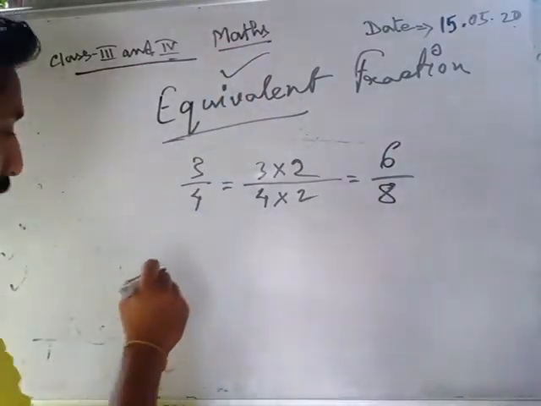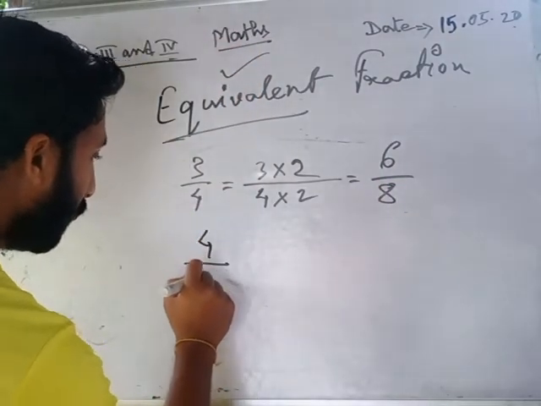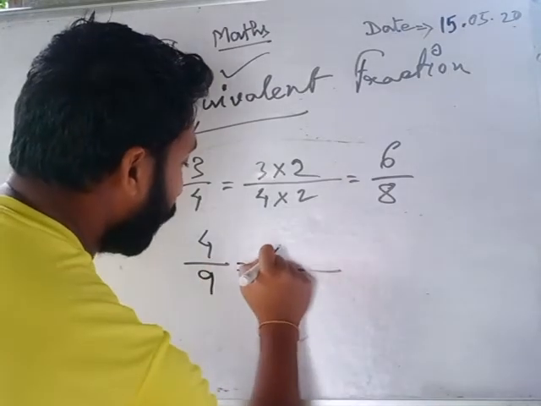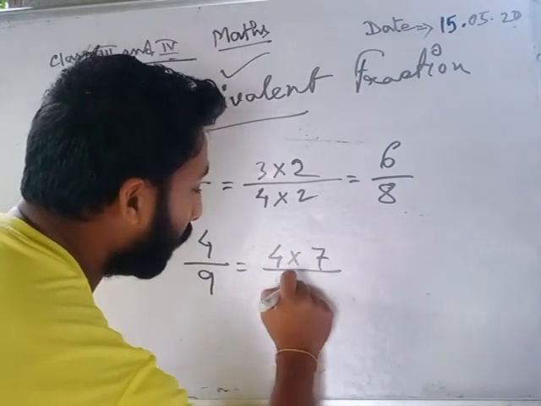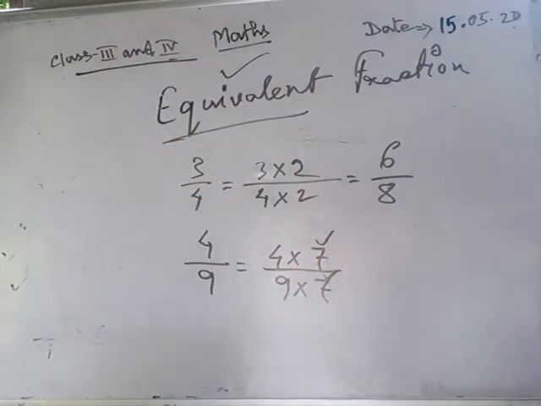Suppose it is 4 by 9. If we multiply 4 by 7, obviously we should multiply 9 by 7. We will multiply by the same number.